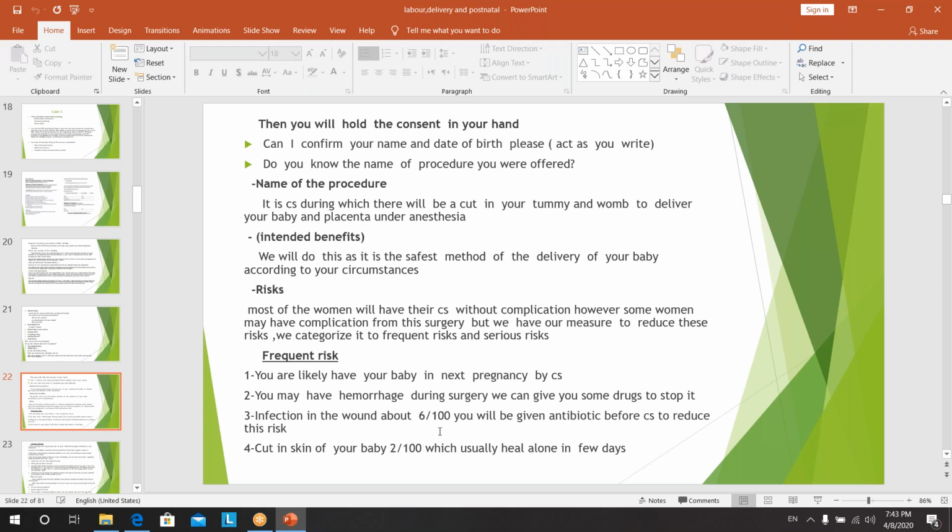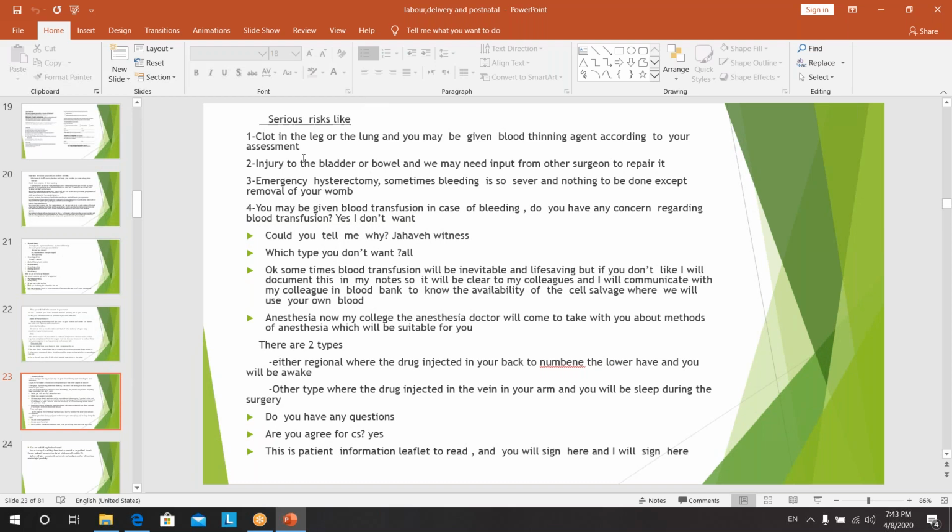Infection in the wound can happen in 6 in 100, and you will be given antibiotics before the surgery to reduce that. There may be a risk of a cut to the skin of your baby, which usually heals in a few days. This may happen in 1 in 100. Regarding the serious risks, sometimes some women may have a clot in the leg or the lung, and you may be given a blood thinning agent according to your assessment.